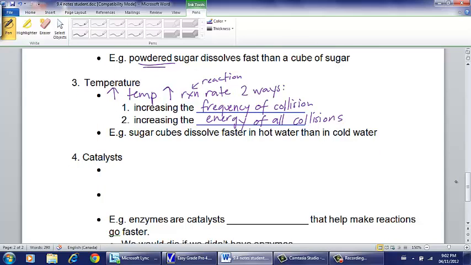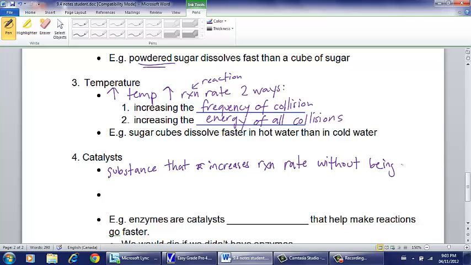The fourth thing is adding something called a catalyst. And a catalyst is a substance that increases the reaction rate without being used up. It lowers the amount of energy needed to make the reaction go, but it is not used up in the reaction.